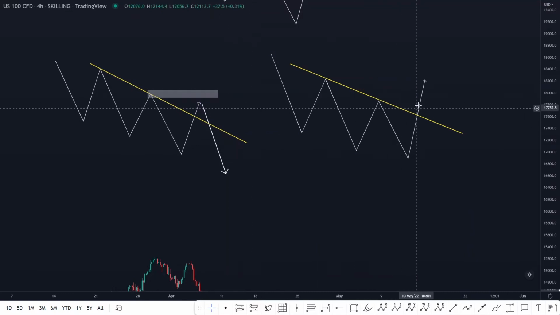From this example here, we can see that right now we have a clear breakout here. And another thing that you should consider when using trend lines is that you have to know impulse and correction. That will be very helpful for you to trade trend lines properly, because in this case we have a clear breakout over here. What you need to do is wait for the market to correct.